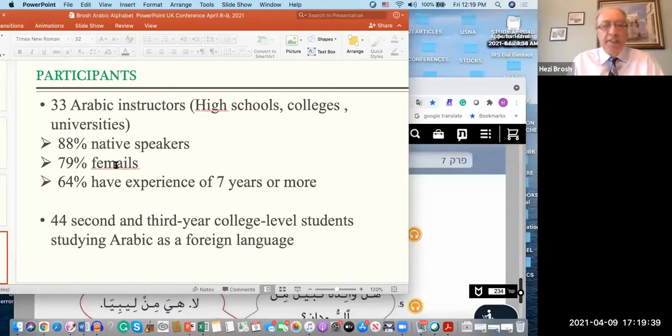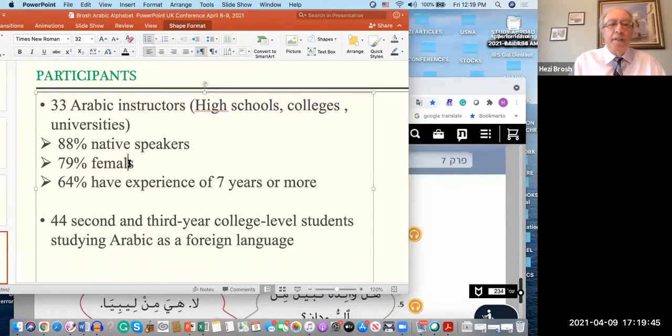And 64% have experience of 7 years or more. And 44 second and third year college level students studying Arabic as a foreign language.